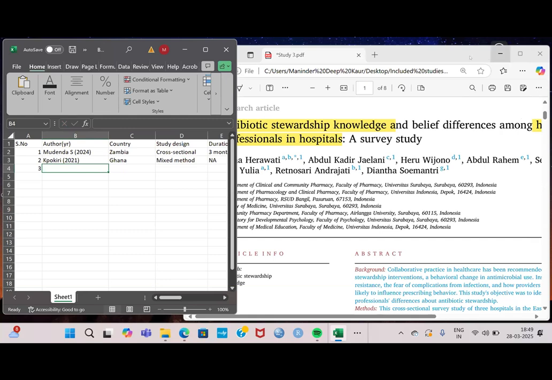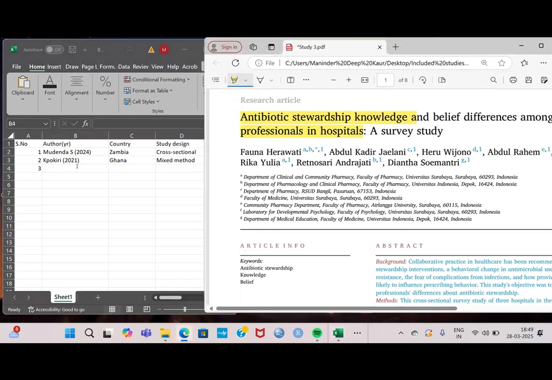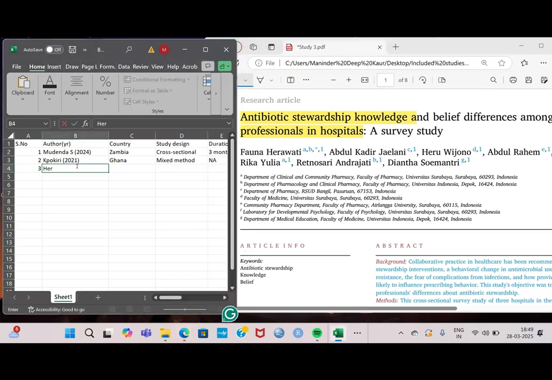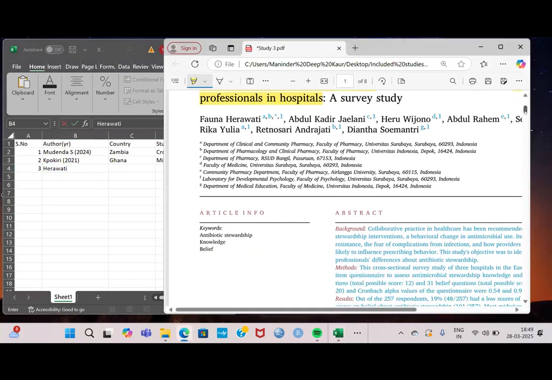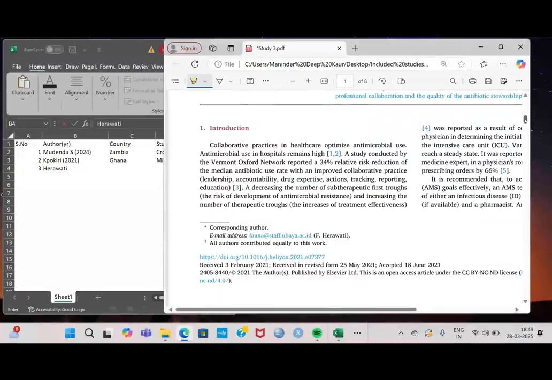So first I need to enter the author name. Hiravati. Year of publication, I need to see that. Where is the year of publication? Yes, it is 2021.